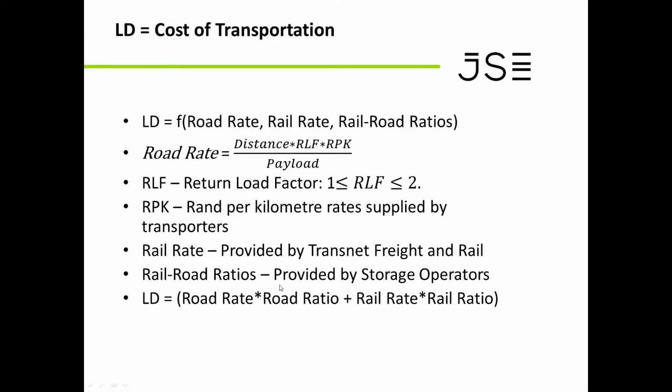Your railroad ratios are provided by the storage operators, and ultimately this is your weighted average, which is a combination of your rail and road based on the different weights or percentages of rail contribution versus road contribution. In essence, this is what we already do to help the market have an idea of a location differential at a particular point.